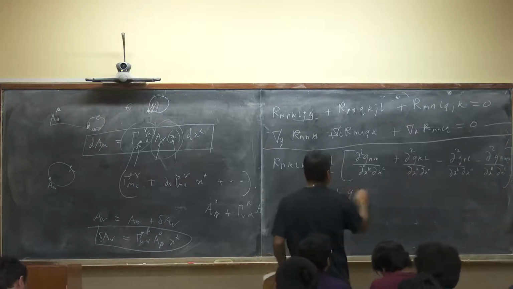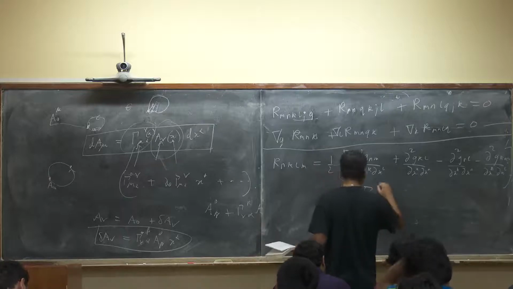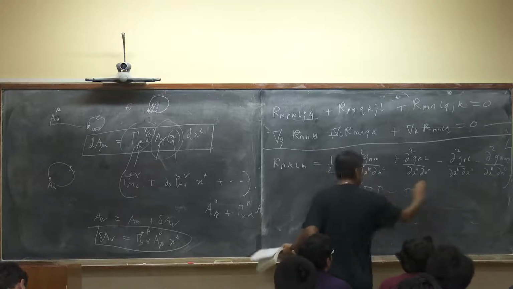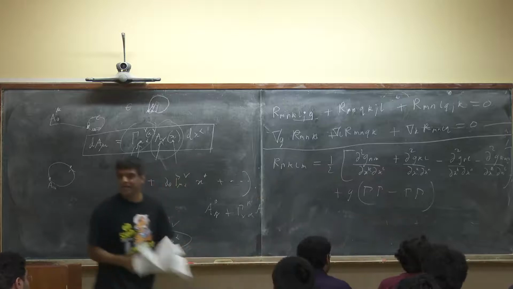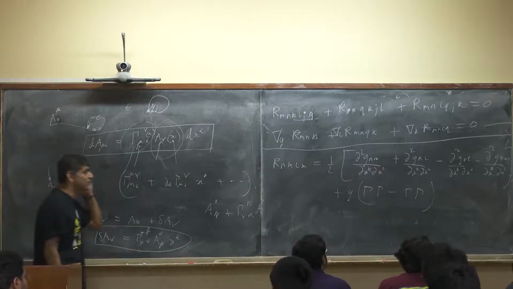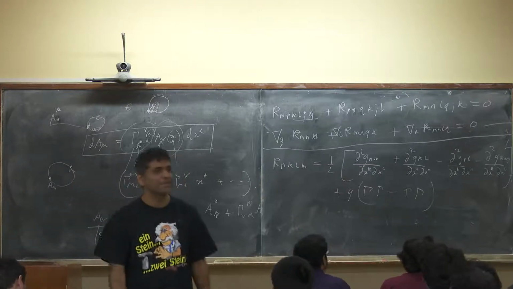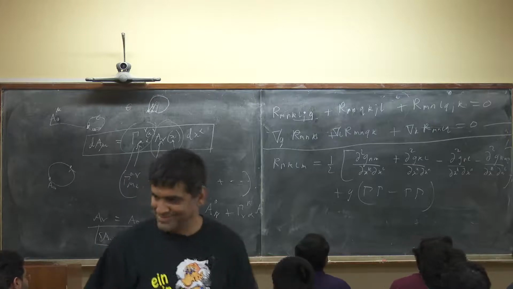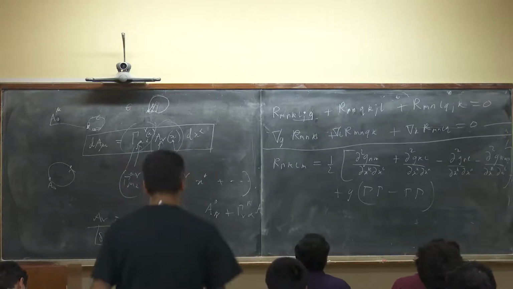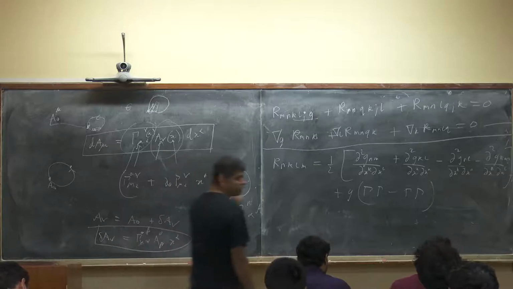Plus a term which is g times gamma gamma minus gamma gamma. I'm not going to bother to write down all the indices in this gamma gamma, since it won't matter to us in the particular coordinate system we use. Okay, this was the whole expression for R.